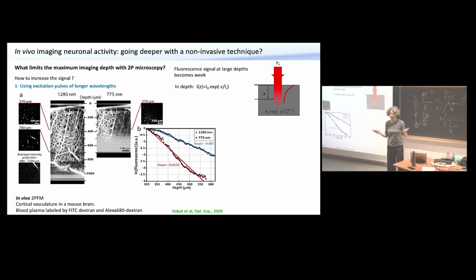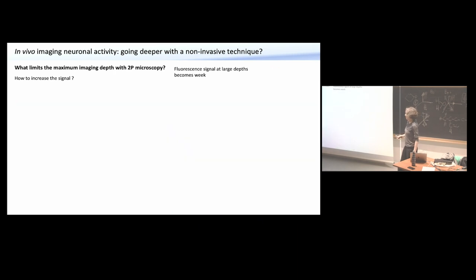It's a great technique. The only problem is that we have no calcium indicator that can be excited at this wavelength, because the best calcium indicator is GCaMP, and it's excited at 900 nanometers. So this is a nice idea, but for now it's not working well.